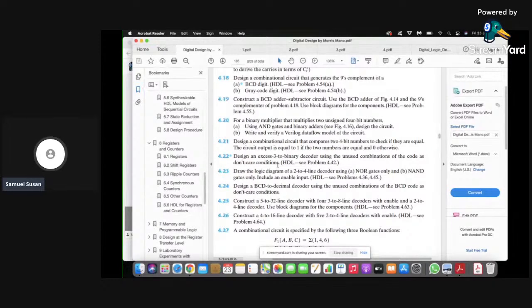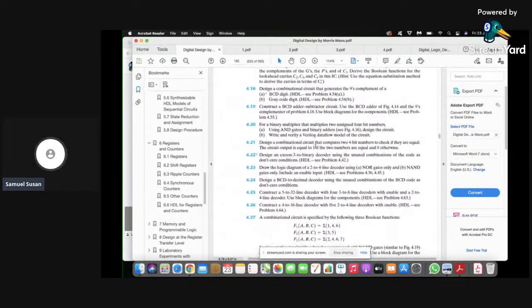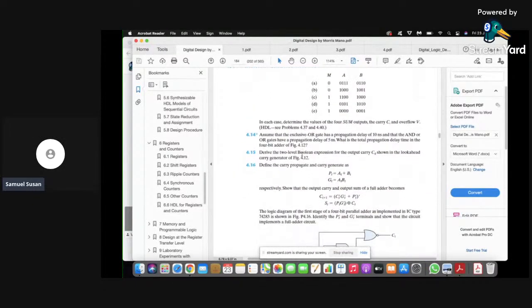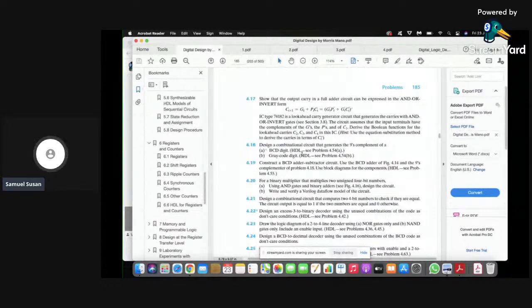So those who feel comfortable with the third and fourth, complete all the topics from 4 and 3. If you are very much confident about 4 and 3, then you can go with the fifth chapter, that is flip flops and others.